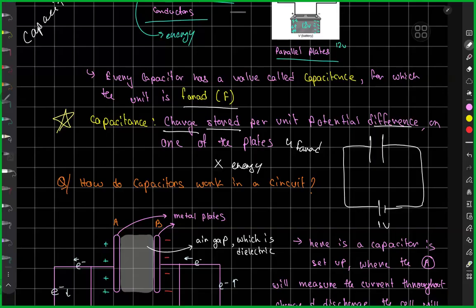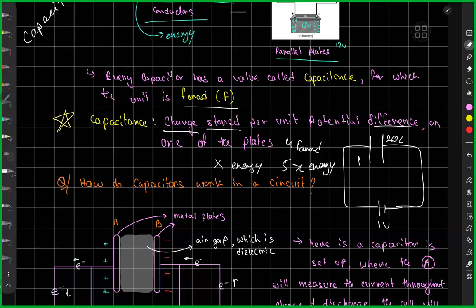Now, if it separates more charge, let's say 20 coulomb of charge, will it not store an increased value of energy, let's say X, or 4X energy? Will it not store more energy? Yes, it will. Sorry, 5X. Yes, it will, because it has separated more charge with the same potential difference applied across.